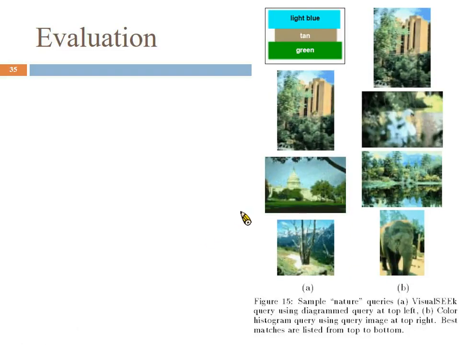Here is another example. The user may specify several regions, like the light from top to bottom, that would be in light blue, tan, or green. Okay, and the top 3 return images would be like this. As we can expect, there may be some sky on the top, and then some building, and then the green region.